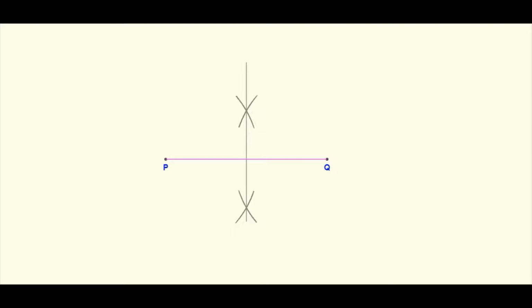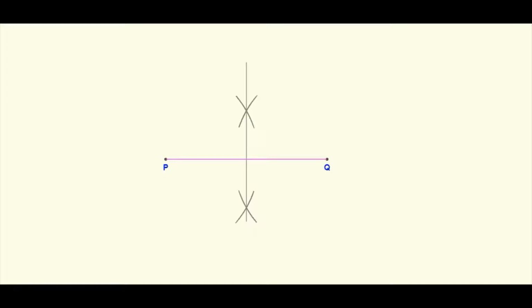So what you're going to do now is to place your compass point where the line intersects the line segment PQ. You're going to open your compass to point P. And this is how you would do it. Now, what you're going to do is to scribe an arc to intersect the perpendicular bisector.